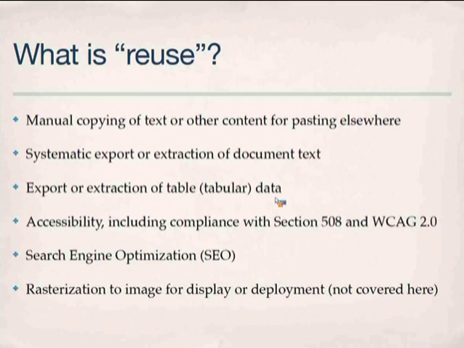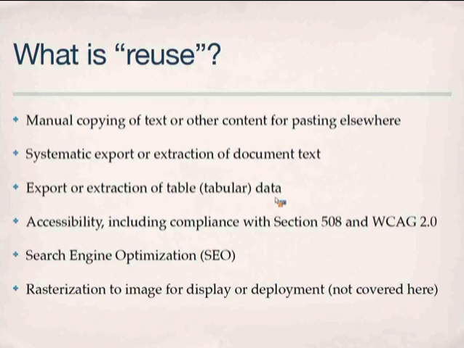Reuse also encompasses the subject of accessibility, which in the United States is something federal government employees and federal government contractors have to do in order to comply with Section 508. WCAG 2 is also a web standard for accessibility. Accessibility is essentially the entire subject of making a document readable by users who have to use assistive technology in order to read.